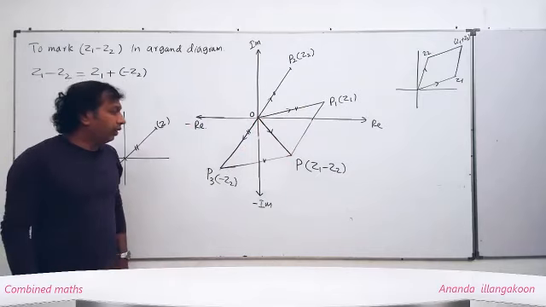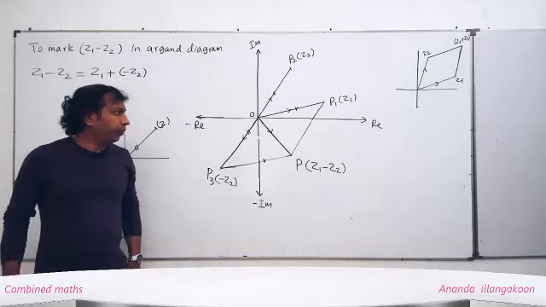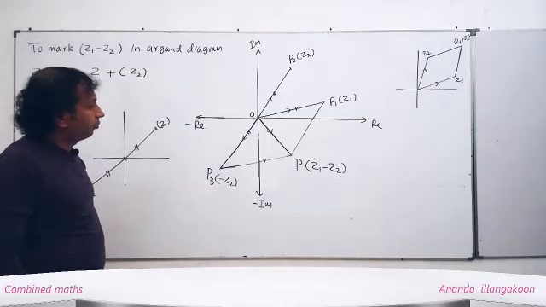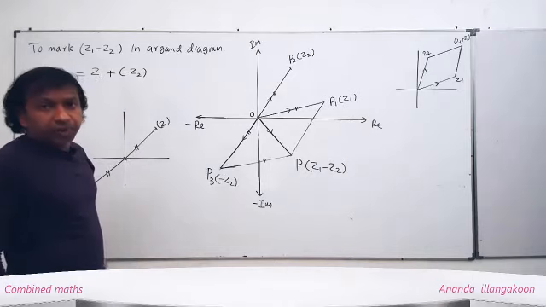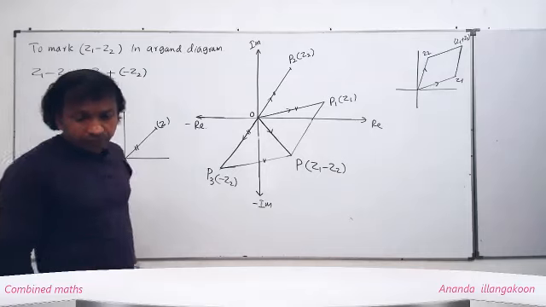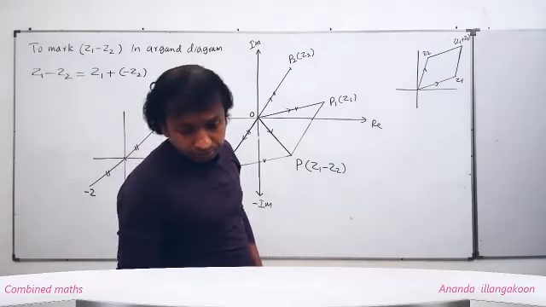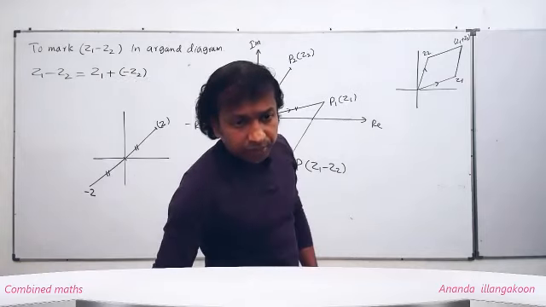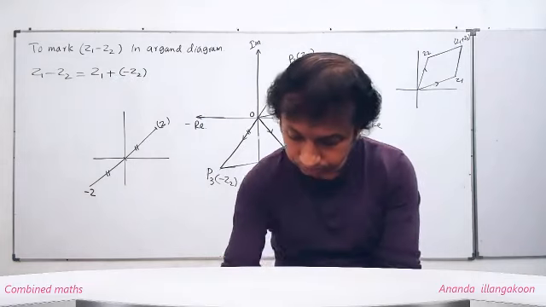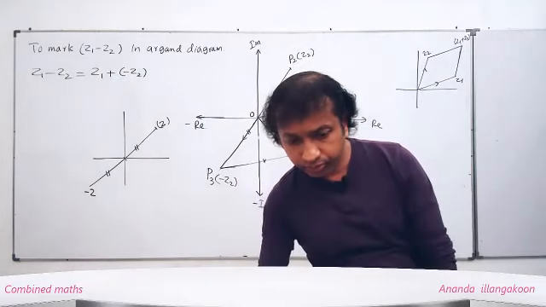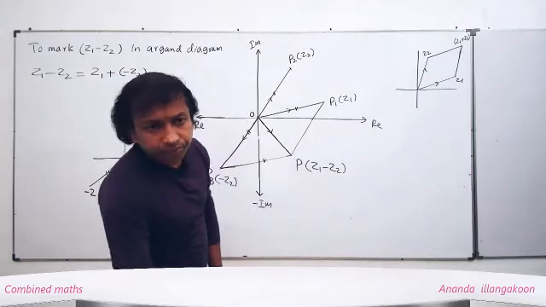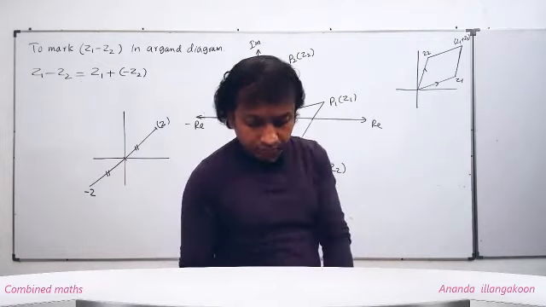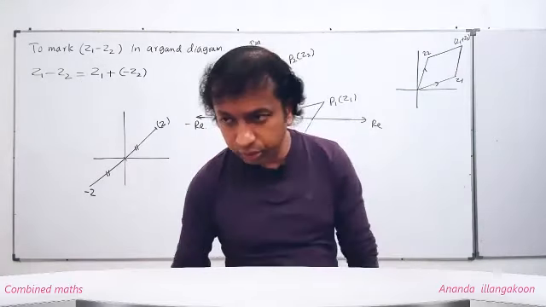Then write down: the point P represents the complex number Z1 minus Z2.